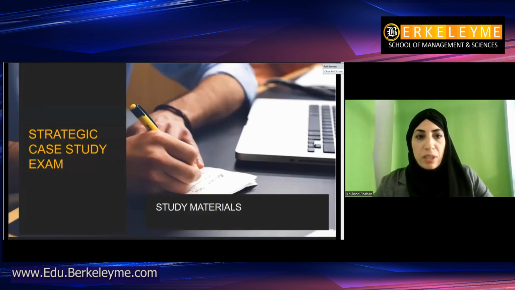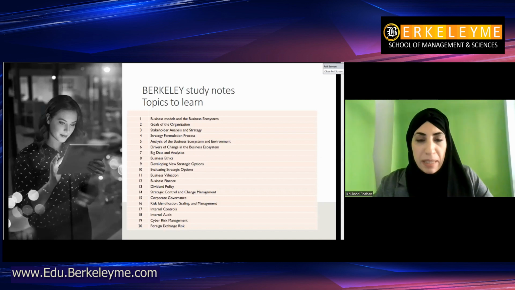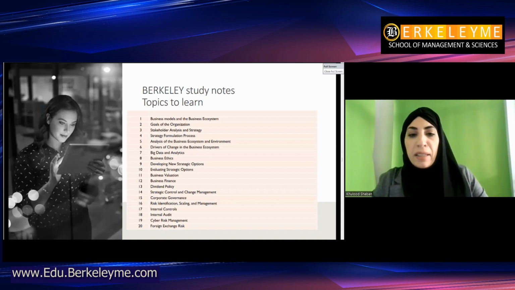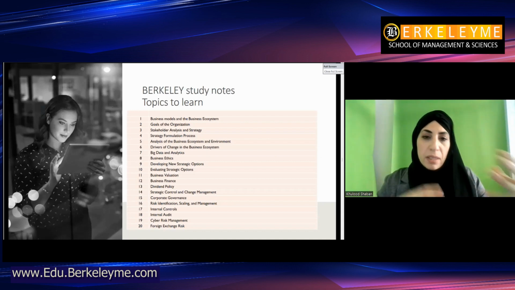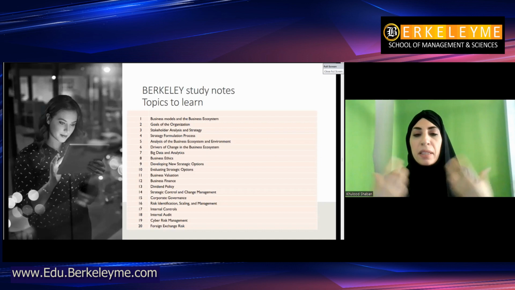Now, in terms of the strategic case study exam study material, these are mainly the 20 topics that Berkeley study notes will address. And these topics will, of course, address all these five core activities. There are five core activities. They are all covered within these 20 unit topics and more.